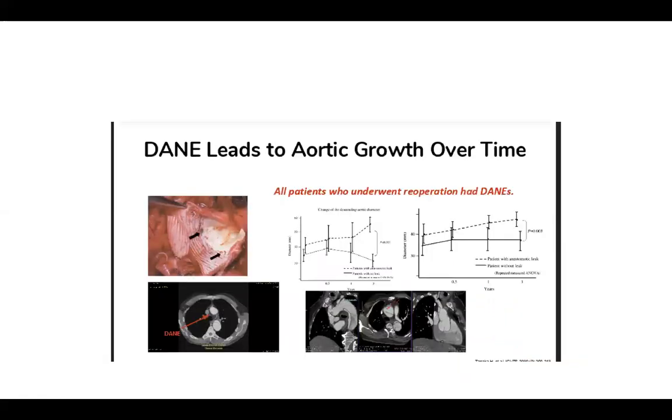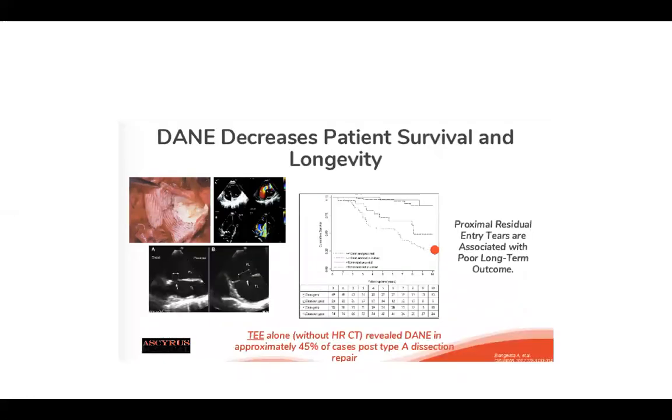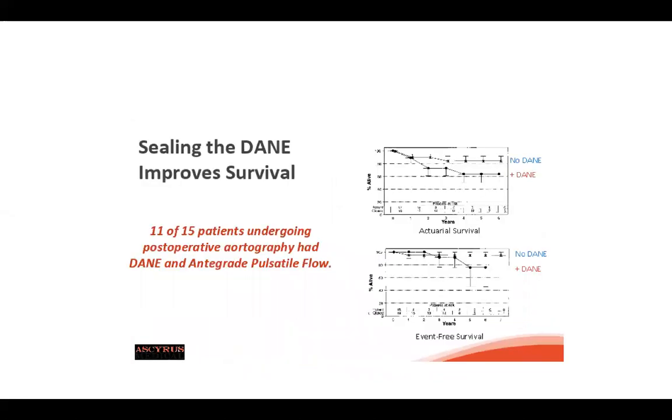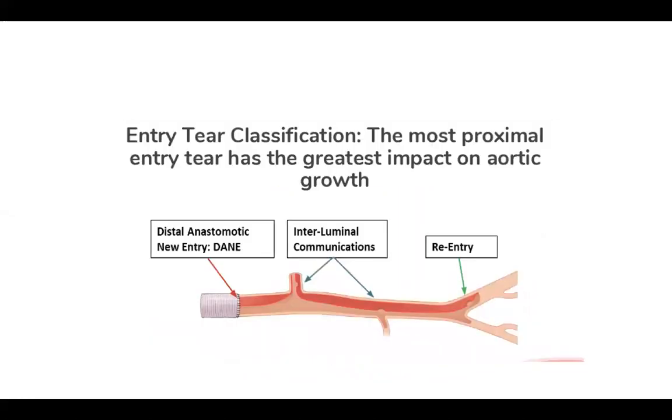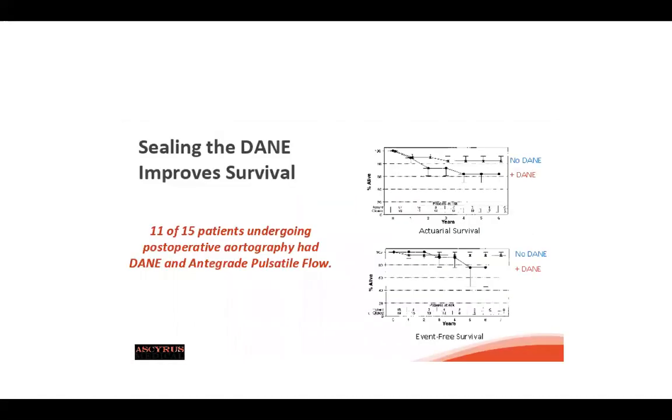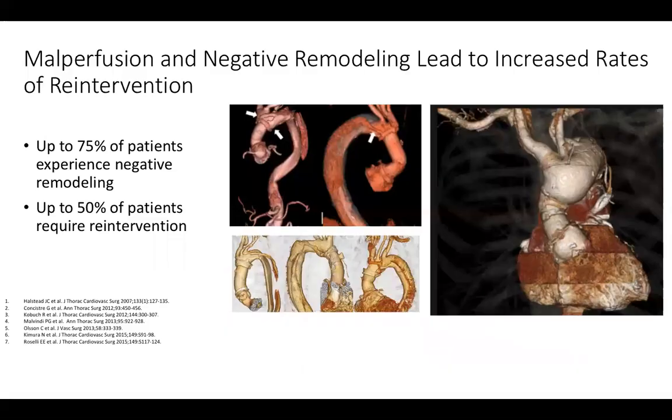And clearly, studies have demonstrated it leads to aortic growth over time, decreases patient survival and longevity, and increases the risk of reintervention, as I stated. And data have clearly shown that sealing this distal anastomotic new entry tear improves survival over time and promotes negative remodeling.